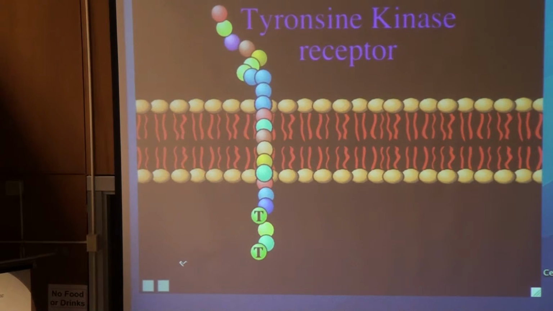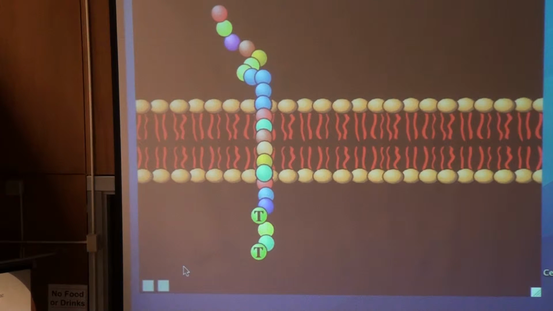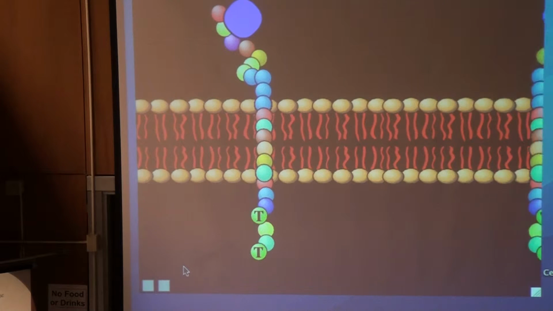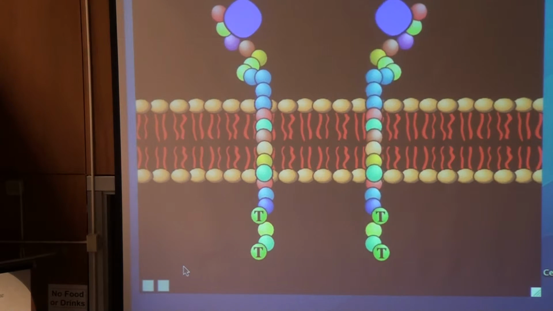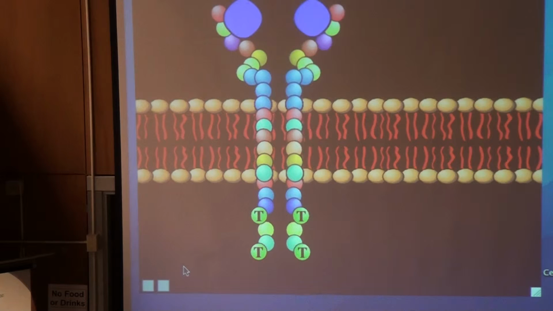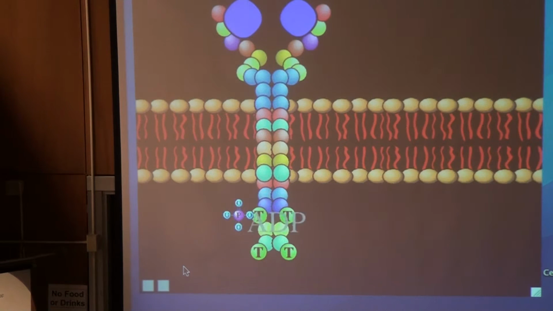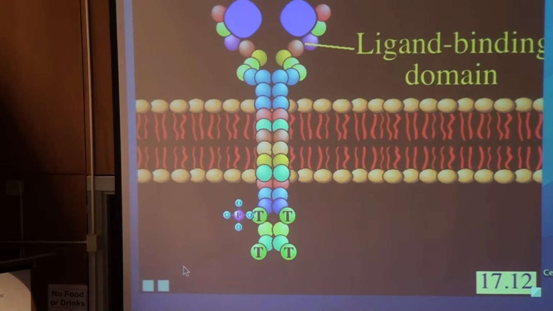And I gave this as an example. If you think of a protein like the tyrosine kinase signal molecule receptor, different parts of the protein have different functions. The part towards the outside, the extracellular portion, binds the signal molecule.